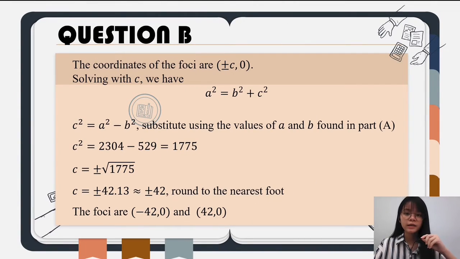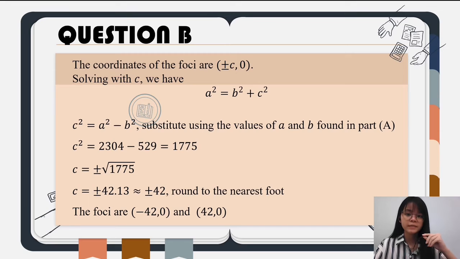Question B is to find the distance between the 2 senators who are standing at the foci of this room. So, we need to find the foci first, whose coordinates are x is equal to plus or minus c when y is equal to 0. For solving c, we have a squared is equal to b squared plus c squared, and we let c squared is equal to a squared minus b squared.